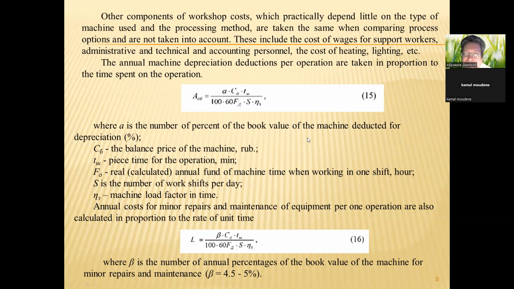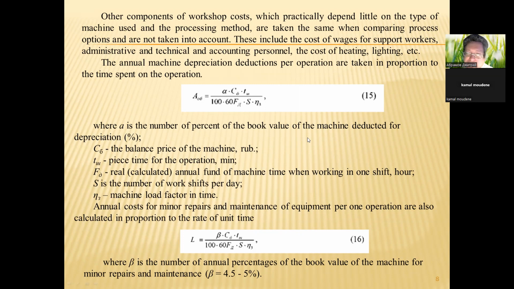These include the cost of wages for support workers, administrative, technical and accounting personnel, the cost of heating, lighting, etc.